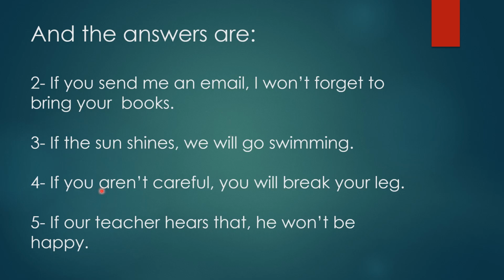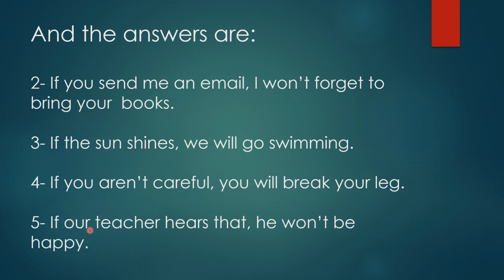So if you aren't careful, you will break your leg. Let's assume there's someone running around in a crazy way, and someone else is telling them to be careful so they don't break their legs. There's a condition and there's a result. If you're not careful, you are probably going to break your leg. We are not sure, but you need to be careful.